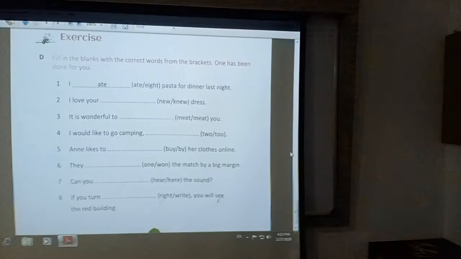So in this way, you are given homophones, two different words which have two different meanings, and you have to fill the blank with the word which is appropriate with the meaning of the sentence.